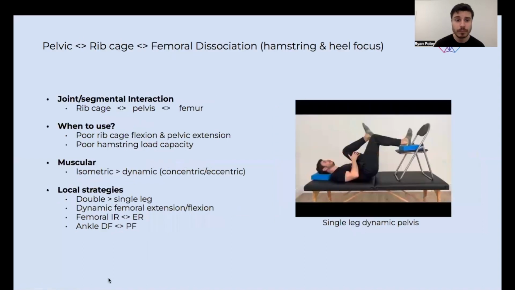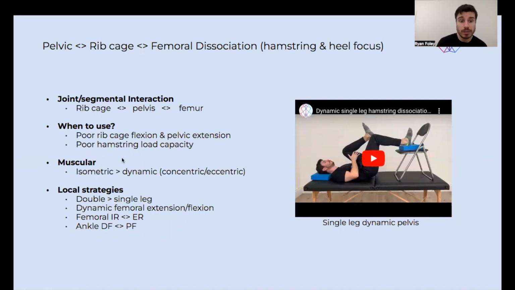Okay. So again, we're getting some load into the biarticular tissues here, while maintaining those proximal behaviors. Again, the focus here from a joint segmental standpoint, because we want to ultimately understand what's happening at the muscular tissues, but also what's happening through the joint segments as well. We're looking at the interaction between the rib cage, the pelvis, and the femur here. When do we use them to add more load to the system and facilitate those kinematic or segmental behaviors at the same time?